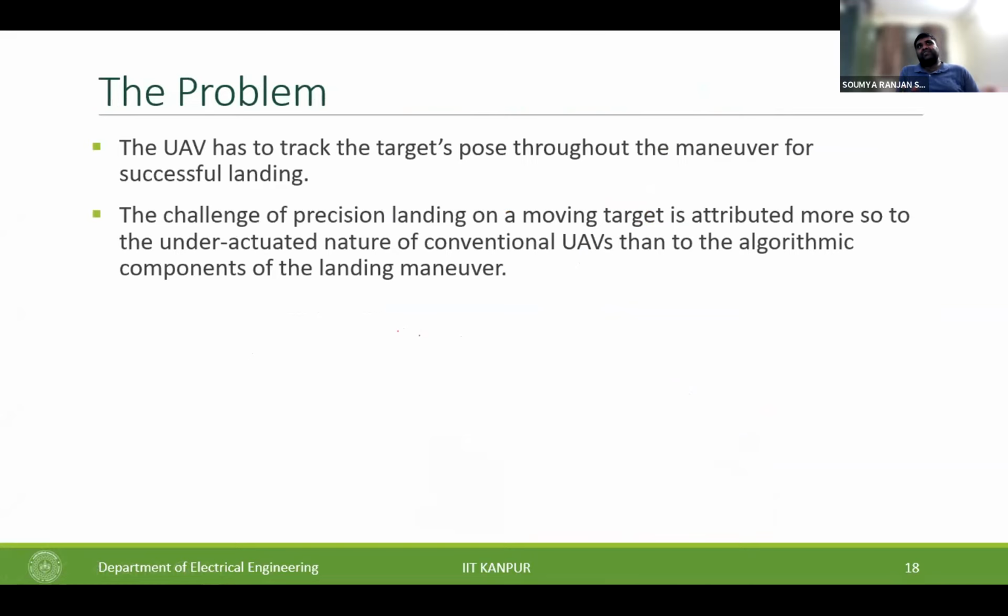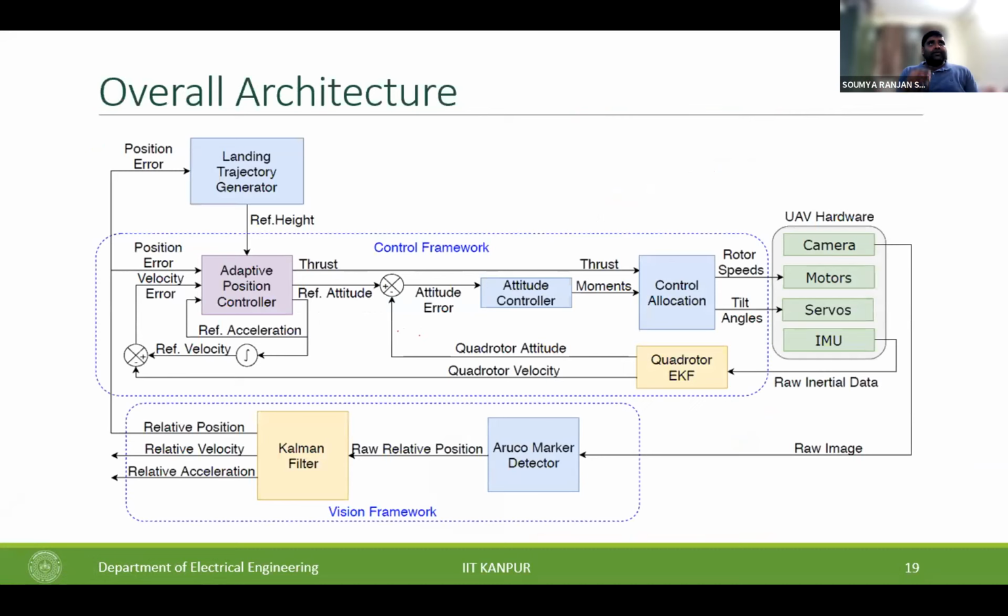Now, what was the challenge? The challenge is that usually the landing platforms are small, so it has to be as precise as possible. And we tried this with a conventional quad, and it didn't work. It always failed. So what we did was we used this, and every time it gets an image of the moving platform, it is able to generate a trajectory, and the controller tries to estimate the velocity of the moving platform from this trajectory.